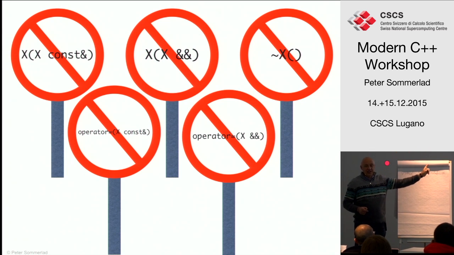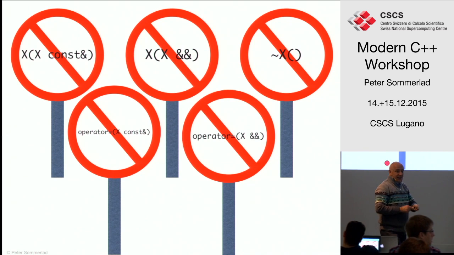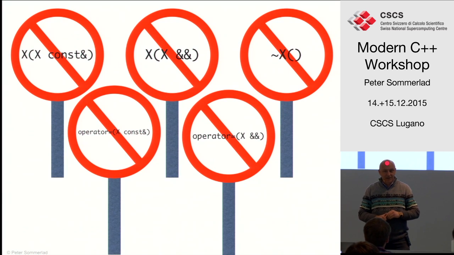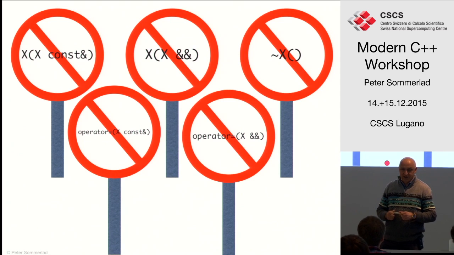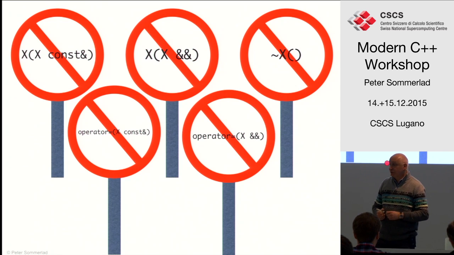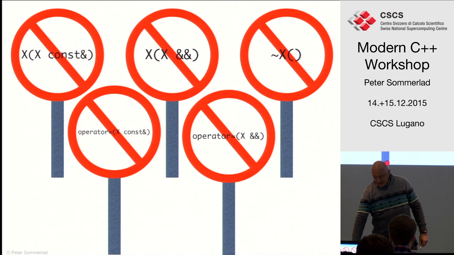Let the compiler generate the code correctly for you. Now those who have written deliberately a copy constructor and copy assignment operator and virtual destructors might ask, how can I do that? Someone told me I have to provide all three of these in the past to my classes. And my answer is, write code in a way that you don't need to.